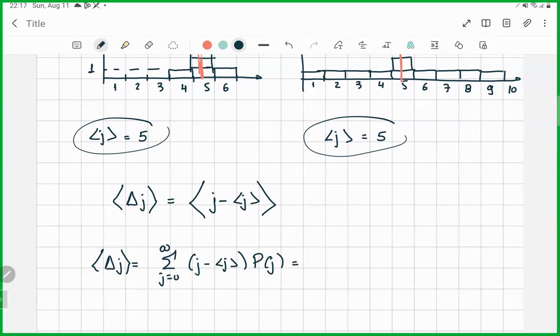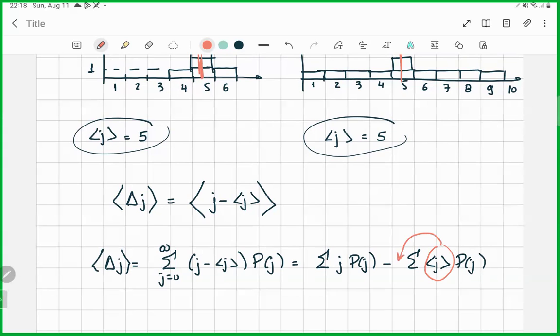Since here we have just a difference, I can split this sum into two terms: J with these probabilities, minus this mean with PJ. Well, but this mean is a number already. It's a constant for any value of J. It's something that was already computed, and it's not changing according to the J in the sum, so I can take it outside the sum.